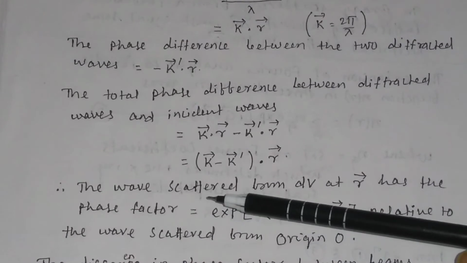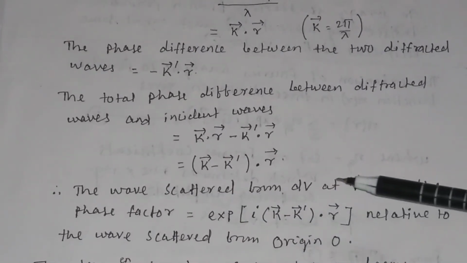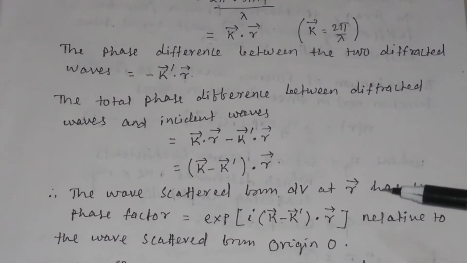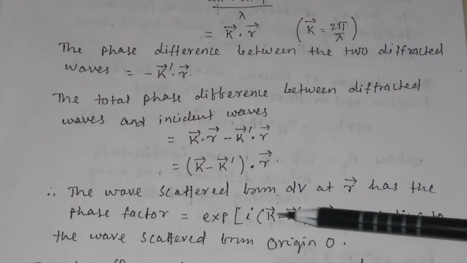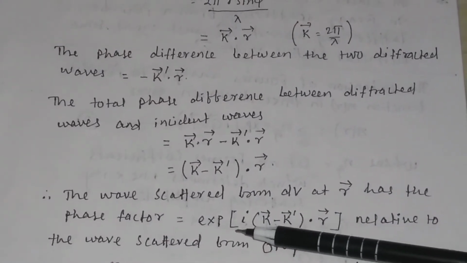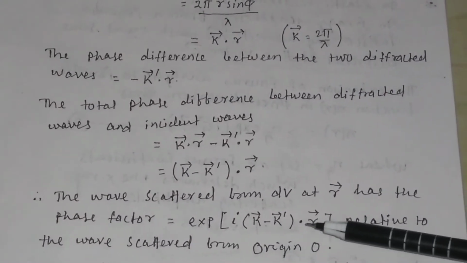So the wave scattered from the volume element dV at a distance r from the origin has the phase factor exponential i k minus k dash dot r.